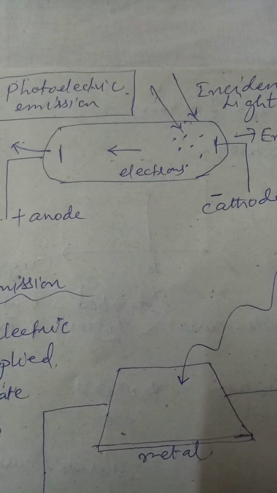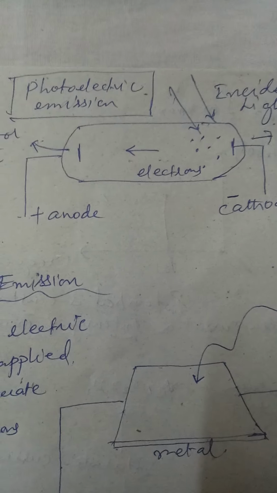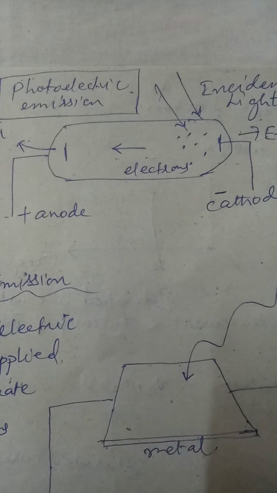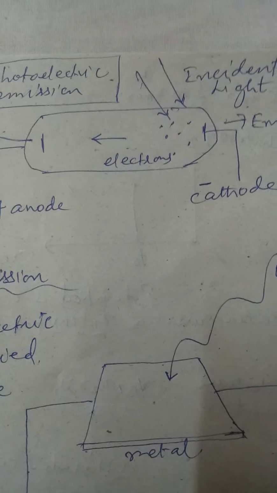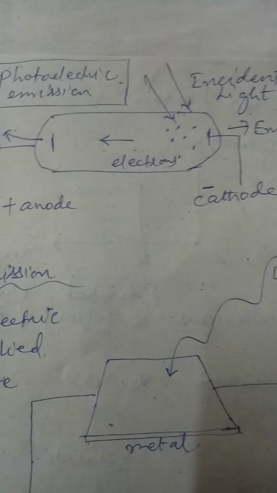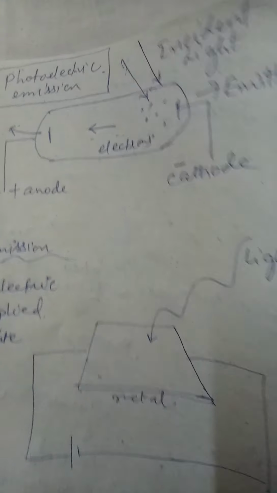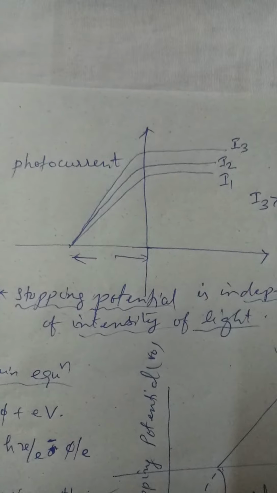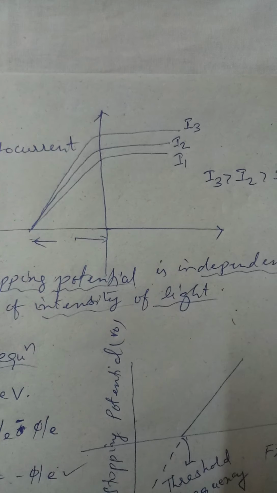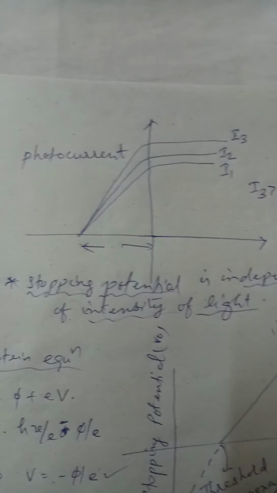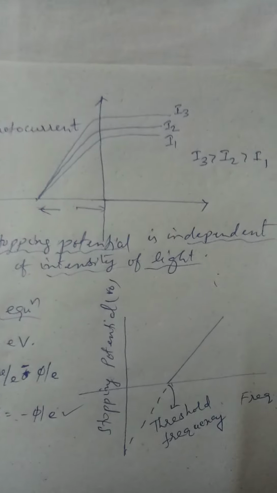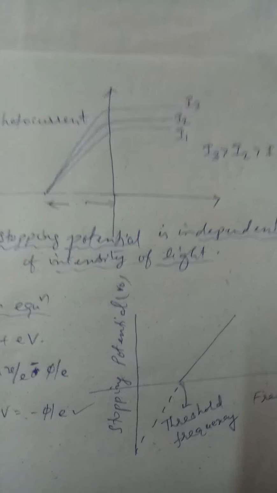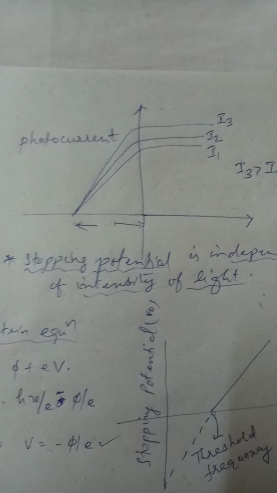That means even though you are applying the stopping potential, all these electrons will not have the constant speed. Some will have more, some will have less. So this is also one more point which can be understood by this graph. You can note this point that stopping potential is independent of intensity of light.